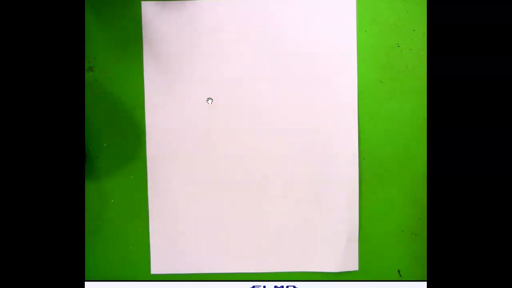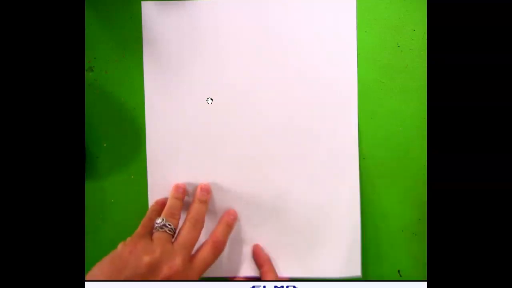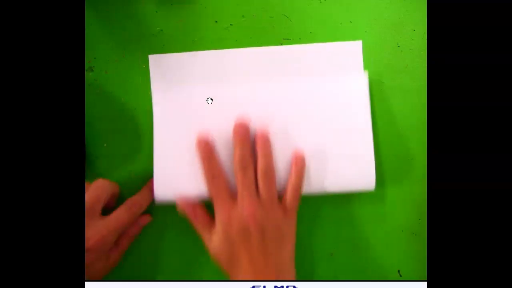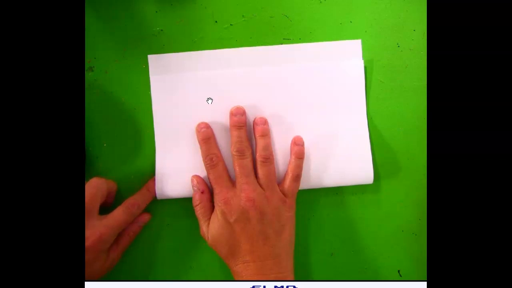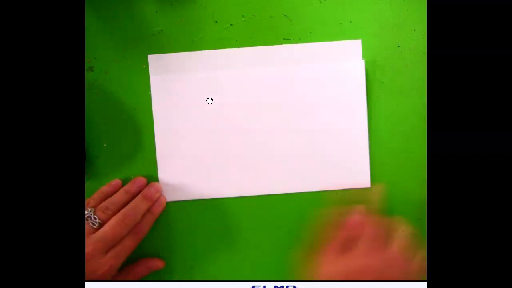All right, guys, we are going to be looking up and writing down some more definitions for our geography unit. There's going to be at least six words that we're going to be looking up. So I want to go ahead and fold my paper.